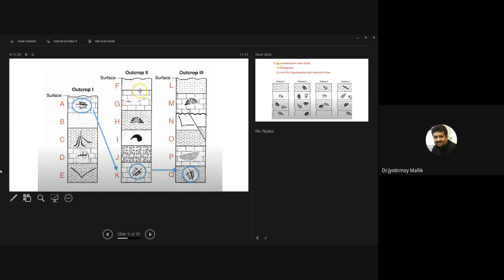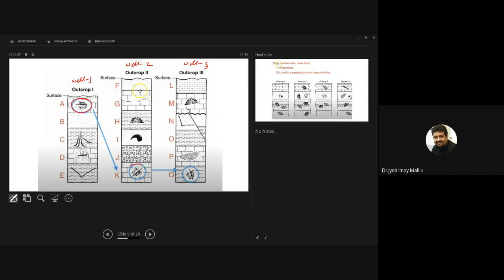Now you can see here three examples. You can see here three sections, and they are given as outcrop examples, but they could very well be well one, well two, and well three. Okay, and you can see here this A horizon contains a trilobite, which is a limestone.